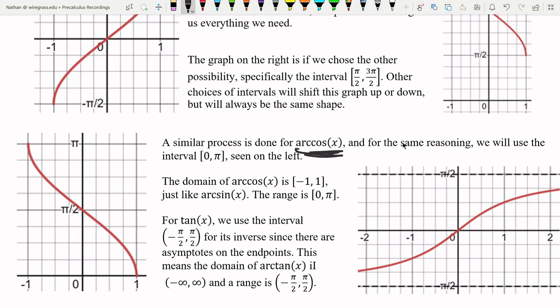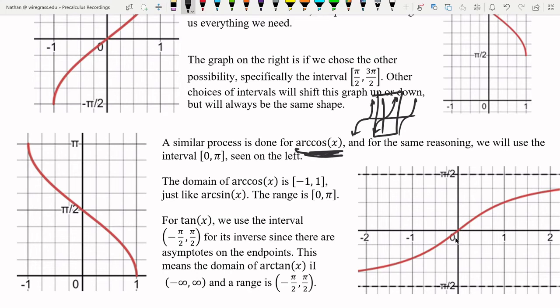Tangent, on the other hand, on a quick graph, looks like this. And then, of course, it repeats this behavior over and over again. We only considered this first one, again, for the same reasons. It's in that central angle. It has 0 to pi over 2 in there. And when you flip it, it's nice because it actually has a domain of everything. Because it goes downwards and upwards, negative infinity to positive infinity on the range.